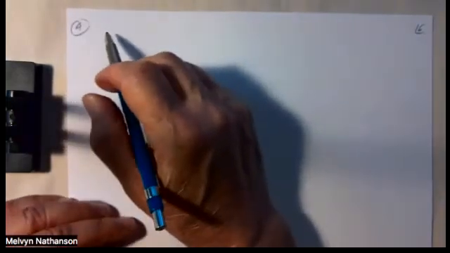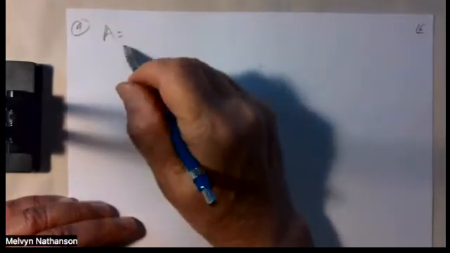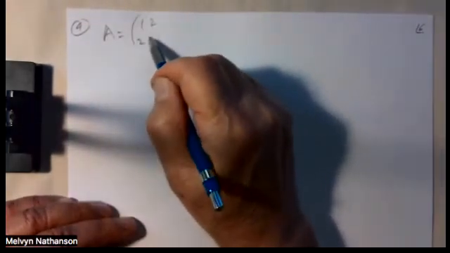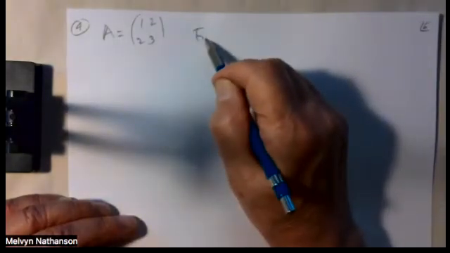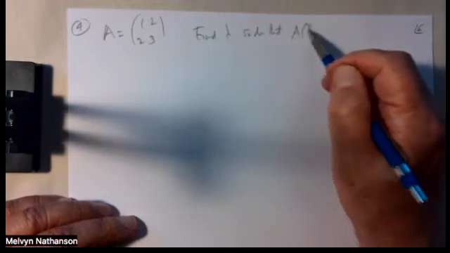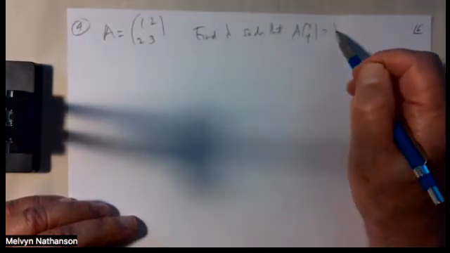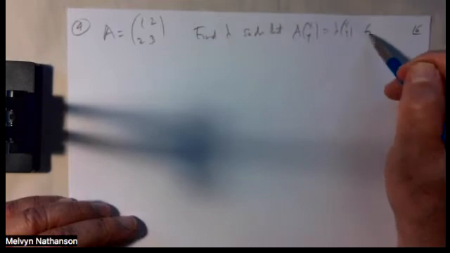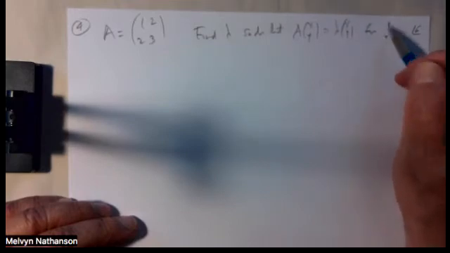So number 4, I have the matrix, and we call it A, which is 1, 2, 2, 3. And I want to find the eigenvalues and eigenvectors. So I want to find lambda, an eigenvalue, such that for some vector xy, A applied to xy is lambda xy, for xy not the 0 vector.